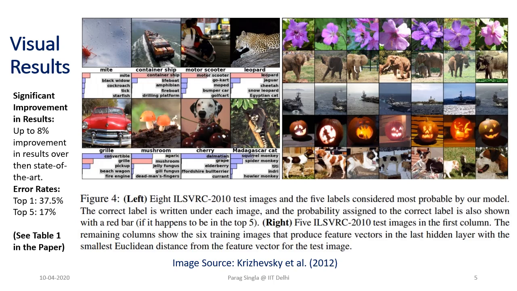So much so that this was such a huge improvement that CNNs really became popular after this paper was published. And for many of the future applications for image analysis, they became the de facto standard, and a lot of research built on this initial idea of CNNs, leading to much advancement in the field.